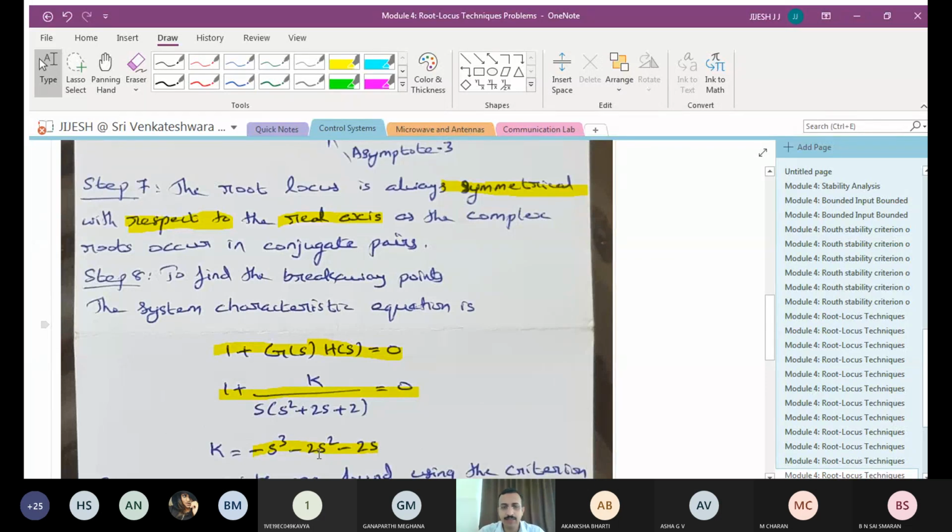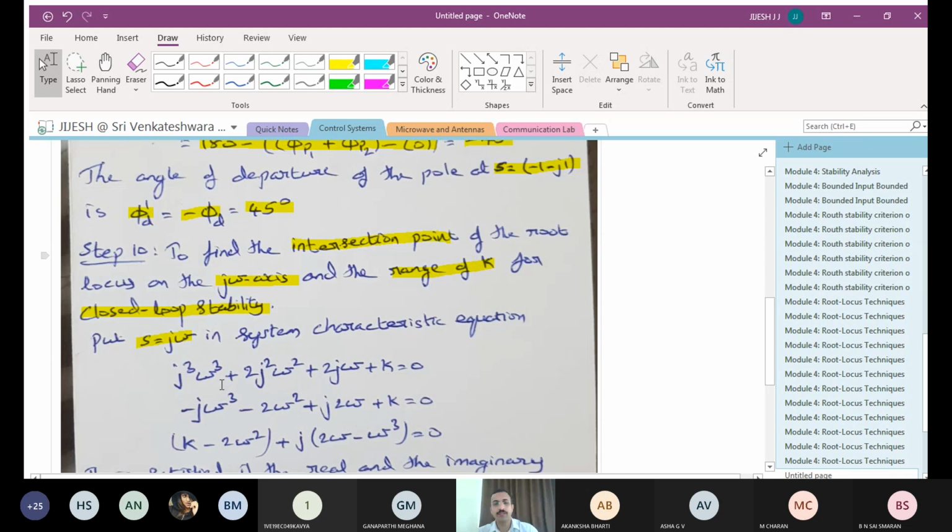So this is the characteristic equation. You need to take s is equal to j omega. So when you substitute j omega in place of s, you get j cube omega cube and 2j square omega square, 2j omega plus k is equal to 0.